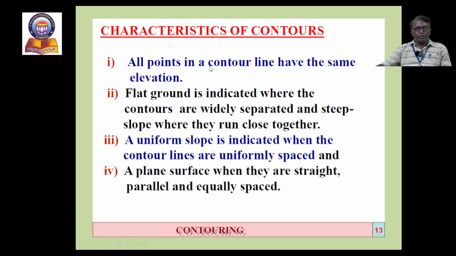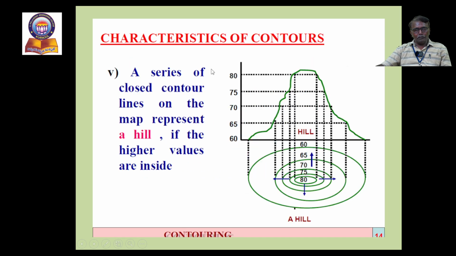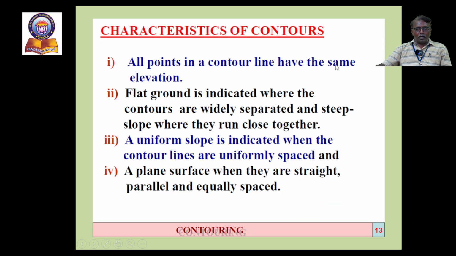All the points on a contour line have the same elevation. So a contour line is a line joining the points of equal elevation.